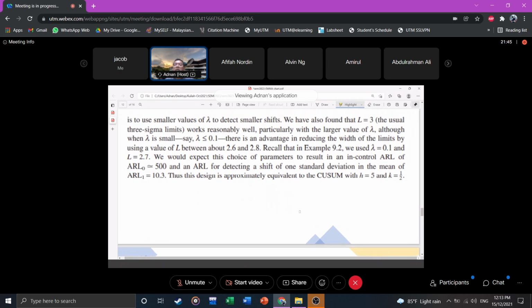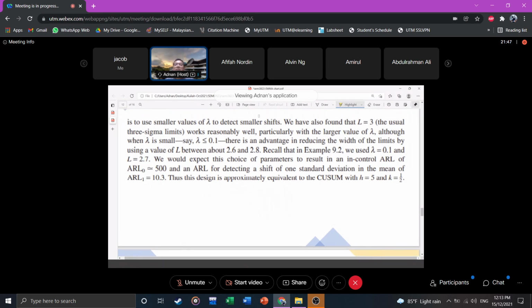In terms of L, the author of this book says that if L equals 3, which usually refers to 3 sigma, it works reasonably well in general applications.